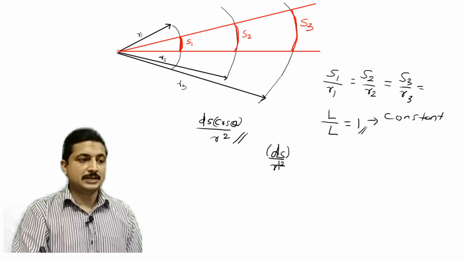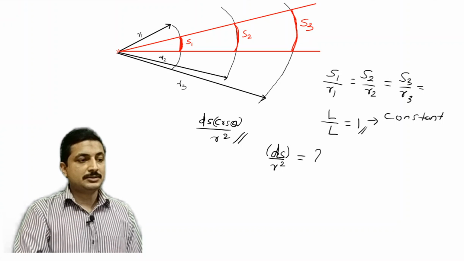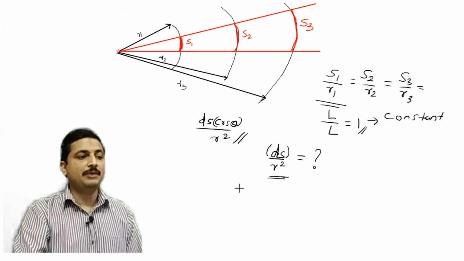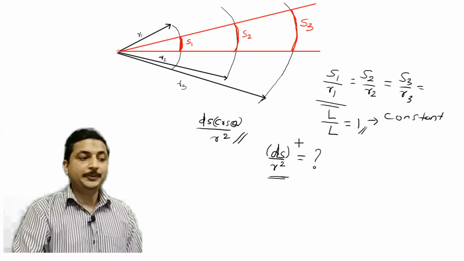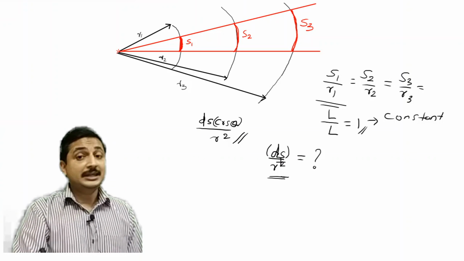That distance is r. So ds by r square is what we have. Whether this is a constant is what we have to check. So we are going to extend this idea of arc length to apply to surface area. I can extend this only because I am considering ds to be infinitely small.